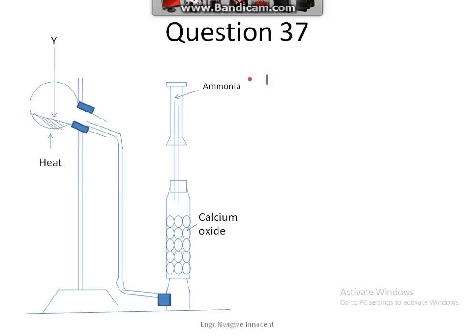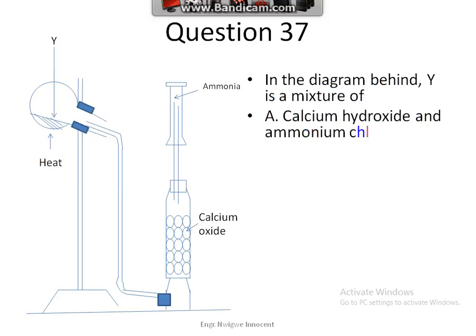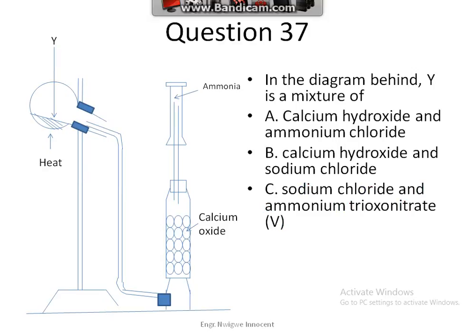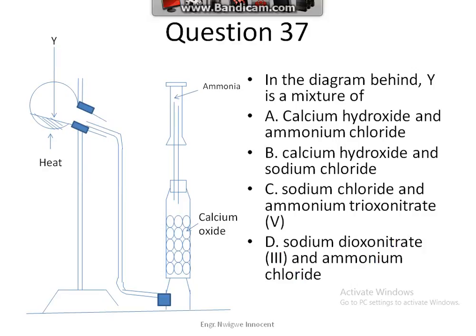Question 37. In the diagram below, Y is a mixture of: A. Calcium hydroxide and ammonium chloride, B. Calcium hydroxide and sodium chloride, C. Sodium chloride and ammonium trioxonitrate 5, D. Sodium dioxonitrate 3 and ammonium chloride. Solution.